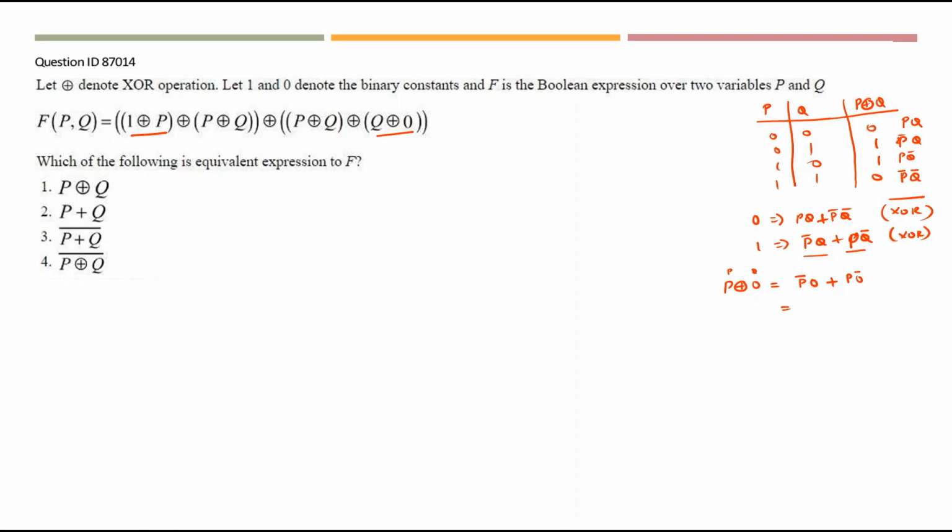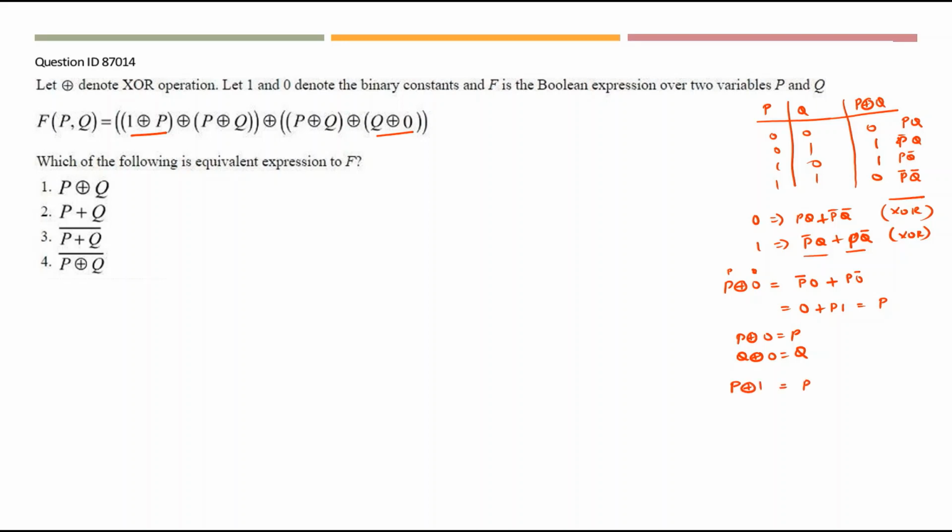This will give anything into 0 is 0 plus P into 1. This will give P. When I XOR 0 with a variable, I get the variable. So P plus 0 will give me P. 0 plus P will give me P. Q plus 0 will give me Q. You have XOR with 1. So what is P XOR 1?